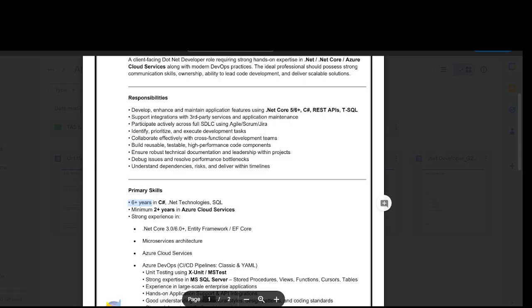Now, there is .NET Core, and it's a .NET developer role, but it is written as .NET Core 5 and 6, these are the versions. So there are different versions. Initially, they started with .NET, then they upgraded the frameworks, libraries, and all. They renamed it as .NET Core 1.